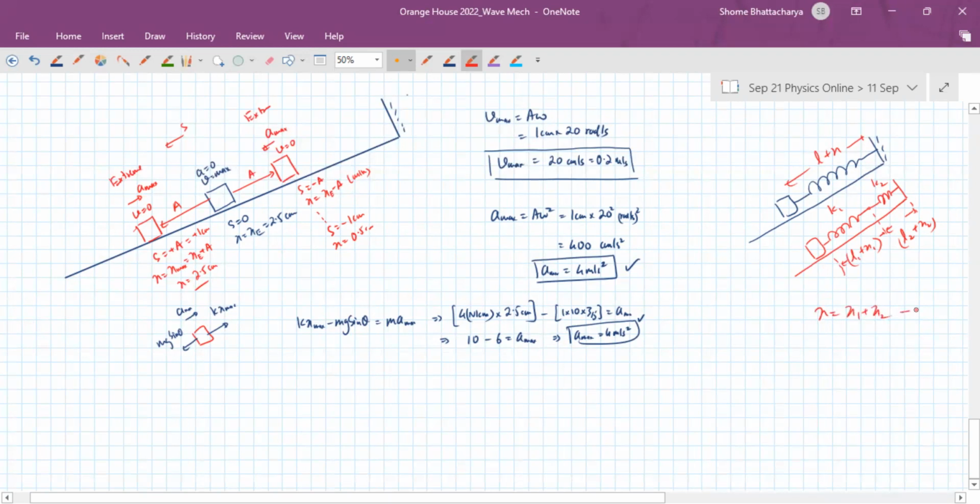So you can see that for any extension of the spring, X is equal to X1 plus X2. Okay. And looking at the free body diagram of this point where they are connected, it's a massless point. So net force must be 0.